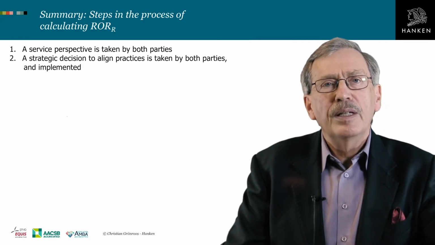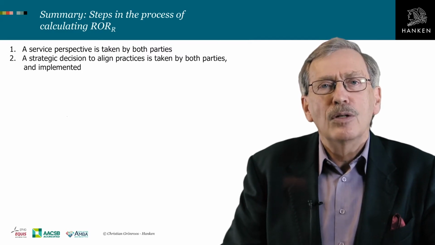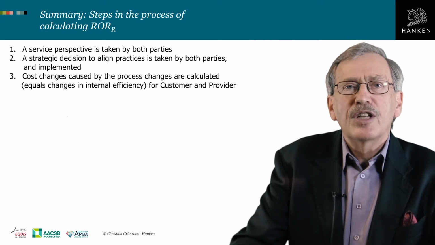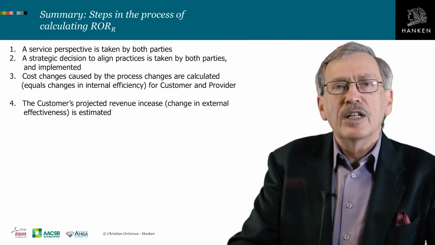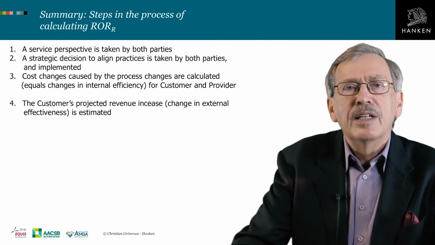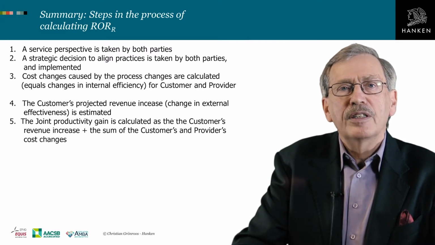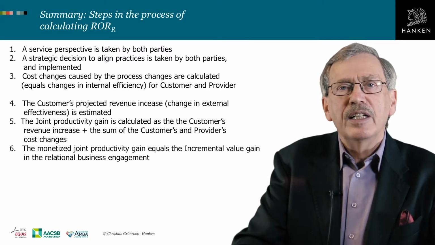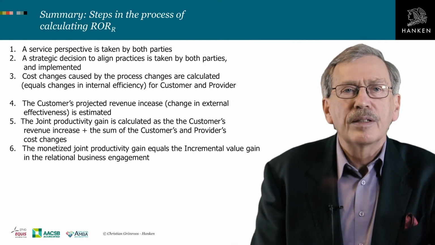And this is normally a rather big deal, to decide that we get this close to each other and do these calculations. Third, cost changes caused by the process are calculated. Fourth, the customer's projected revenue increase is estimated. The fifth phase is that the joint productivity gain is calculated. The sixth phase, the monetized joint productivity gain equals the incremental value gain in the relational business engagement.